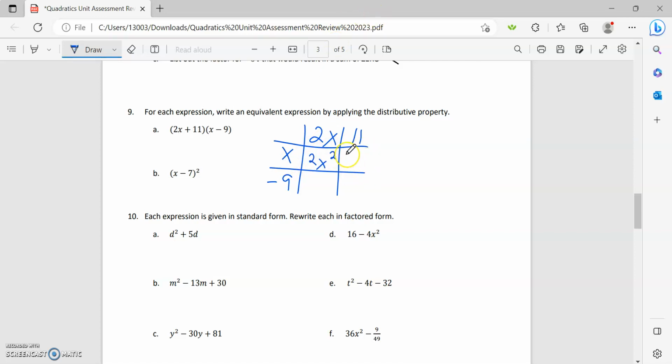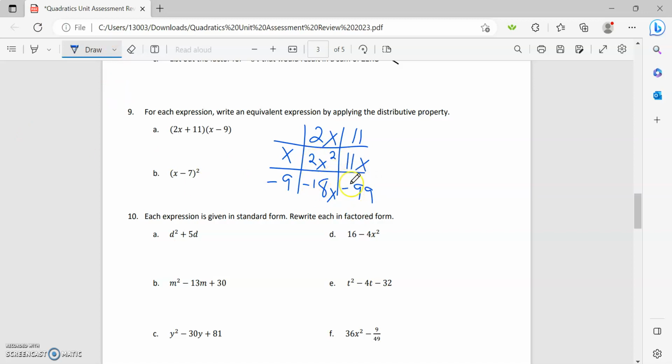Over here in this box, we have 11 times x. We also have 2x times negative 9, so minus 18x. And then we have this box here is associated with 11 here, negative 9, negative 99. So what you do is then you take all 4 of your boxes.